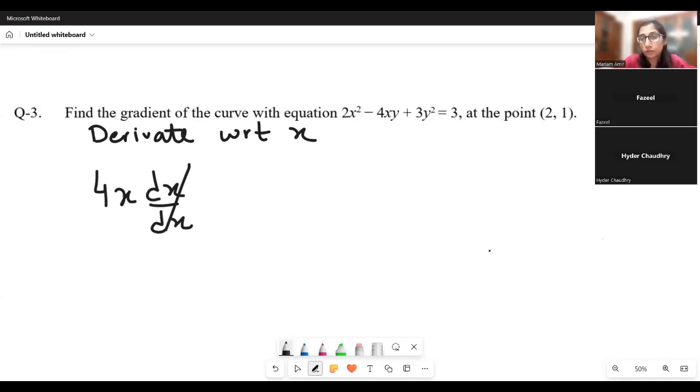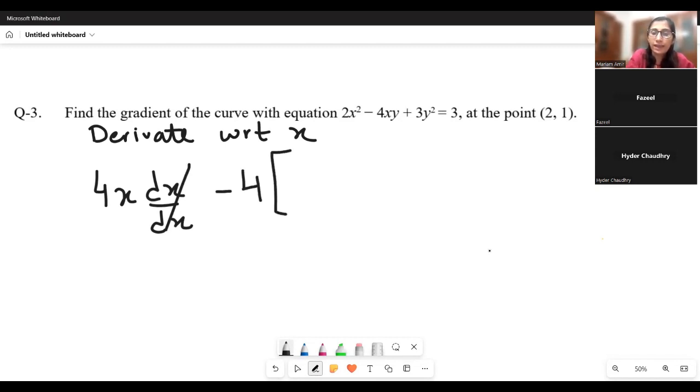But whenever you're actually differentiating 2x squared, you write 4x and then you differentiate x again, which is just 1. So we don't generally show it. In fact, we never show it. And then there's minus 4.